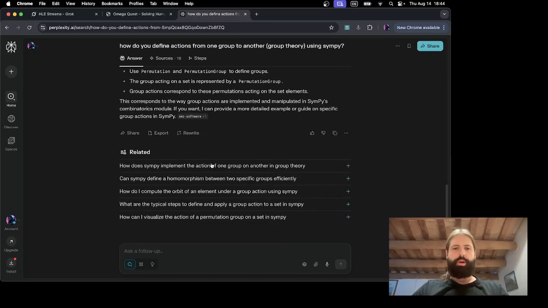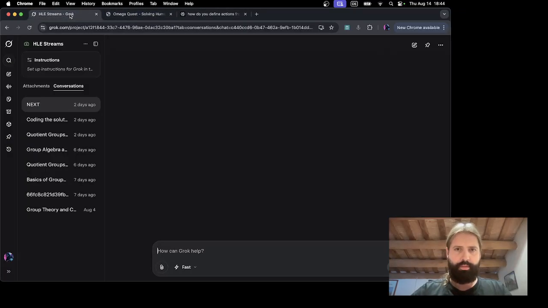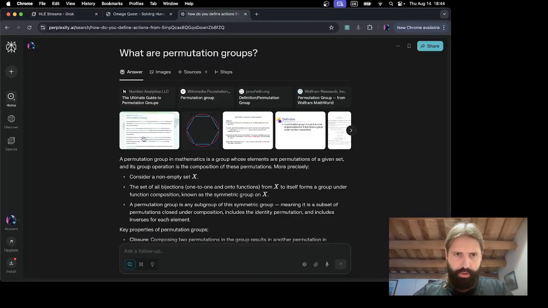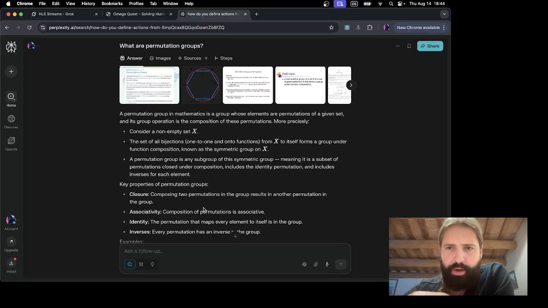Permutation groups. So what are permutation groups? A permutation group in mathematics is a group whose elements are permutations of a given set, and whose group operation is the composition of these permutations.